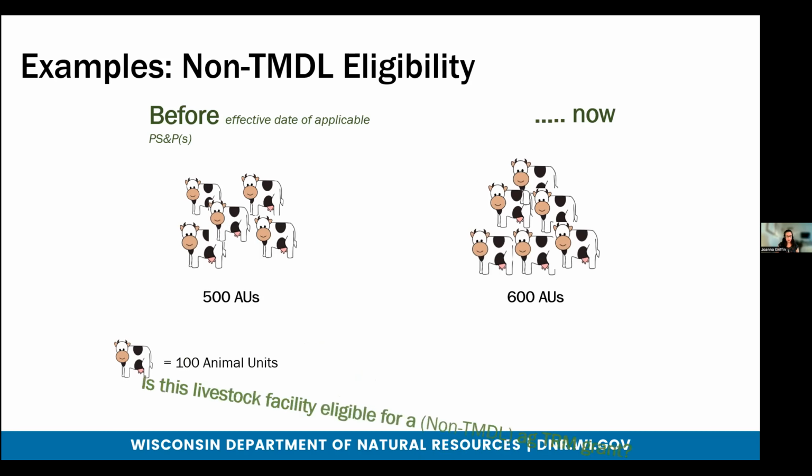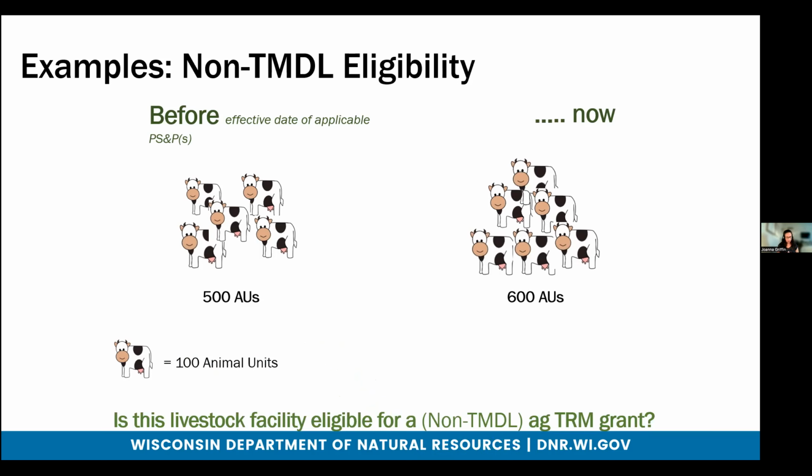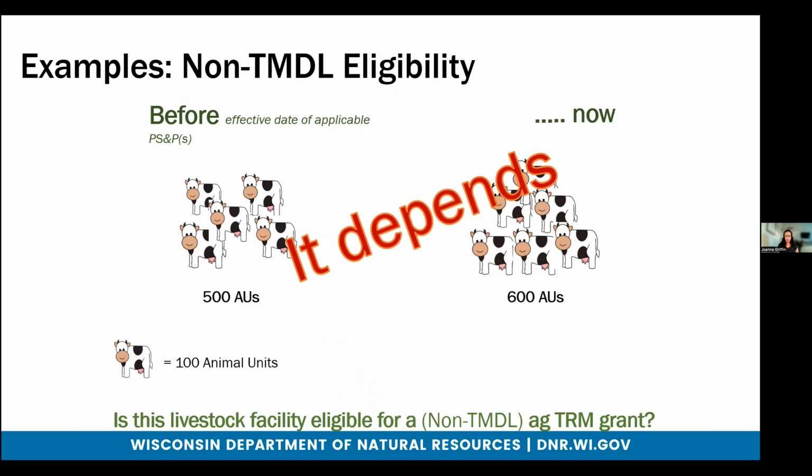Is this site eligible for a non-TMDL agricultural TRM grant? At this point, it depends. We do not have enough information to tell whether it's eligible or not. Just knowing how many animal units there are doesn't tell us whether the site is eligible for a grant.